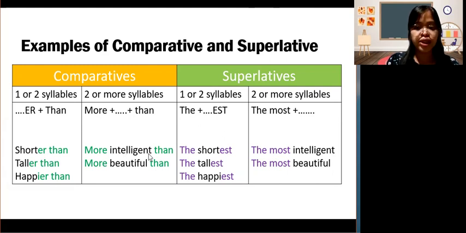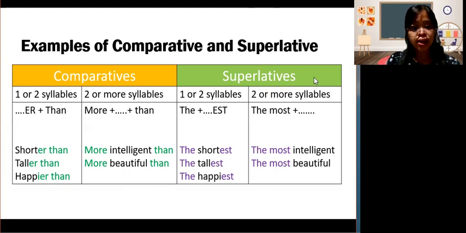Example, we have the word intelligent. We add the word more at the beginning plus the adjective intelligent and the word than. It becomes more intelligent than. Then we also have more beautiful than. Okay, so that's for comparative. Remember, two things are being compared.